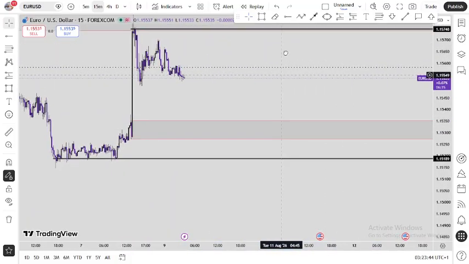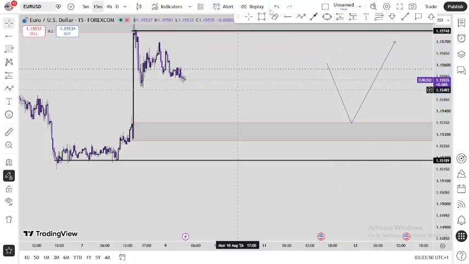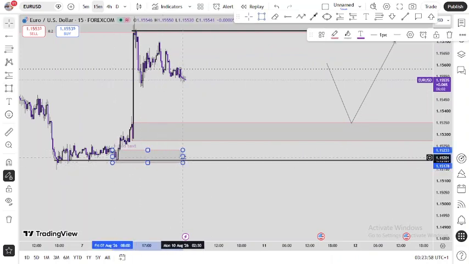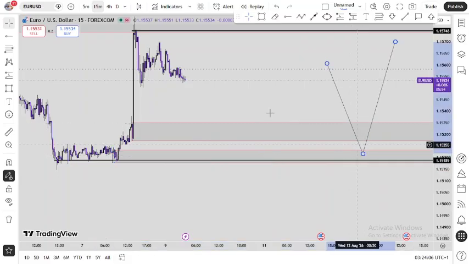So around here, price coming back to this area here before continuing bullish, or if this area gets invalidated here, wait for price here before seeking that continued bullishness.